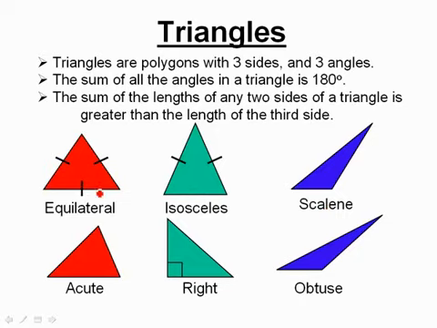It's important to note that an equilateral triangle will have 3 60-degree angles, and in an isosceles triangle, this angle, which is opposite to one side of equal length, would be equal to this angle, which is opposite to the other side of equal length. So if this was, let's say, 60 degrees, then this would also be 60 degrees.